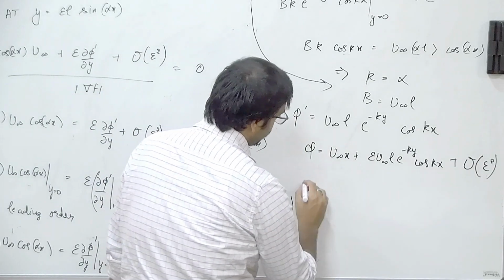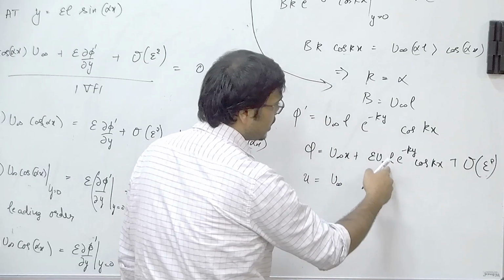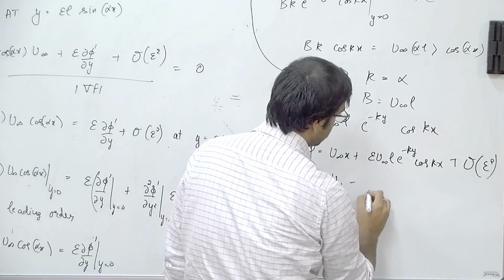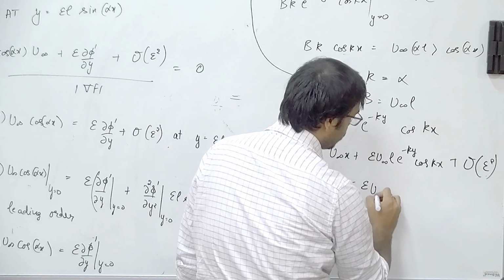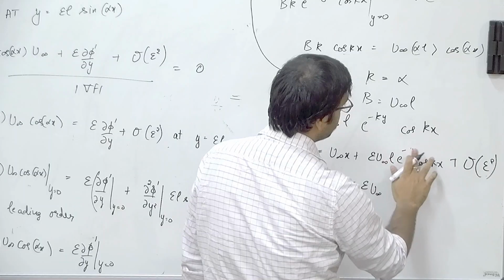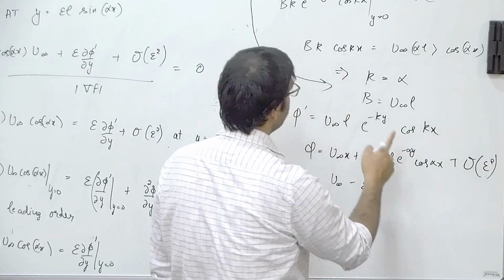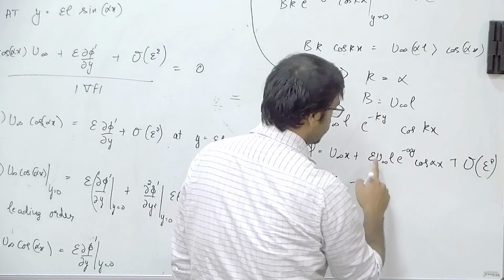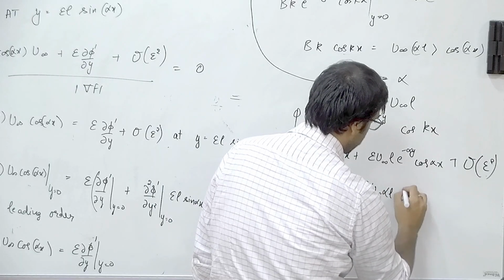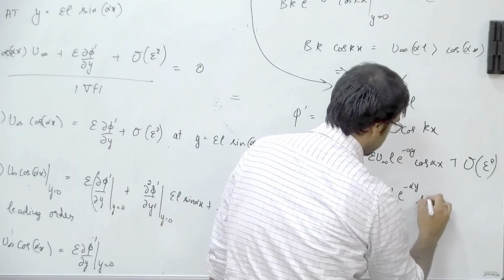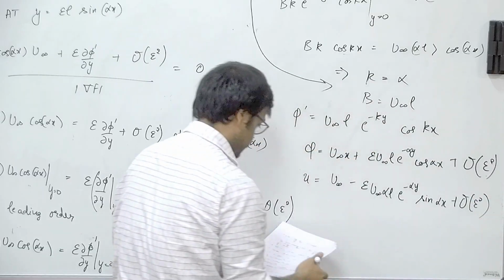And so, what is your u velocity, x velocity? It is simply u infinity, and then differentiate this in x, you will get minus epsilon u infinity alpha L e to the power minus alpha y sine alpha x plus order epsilon squared.